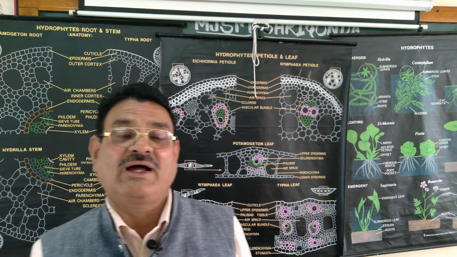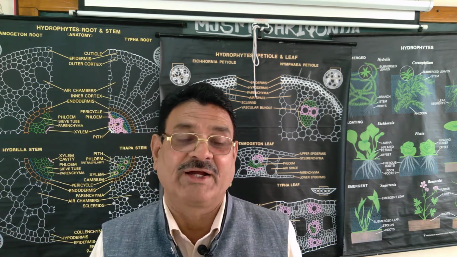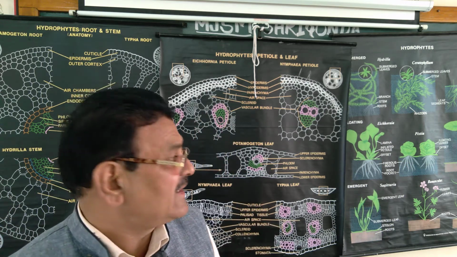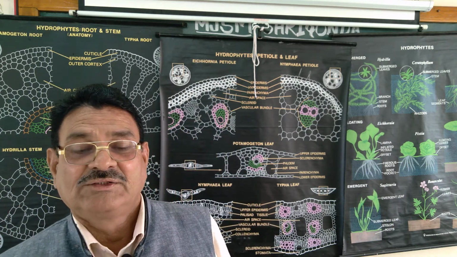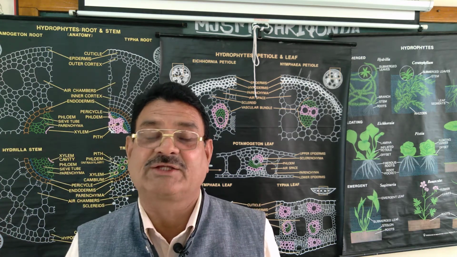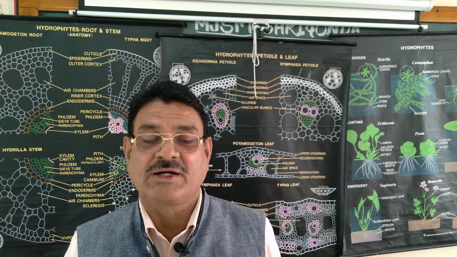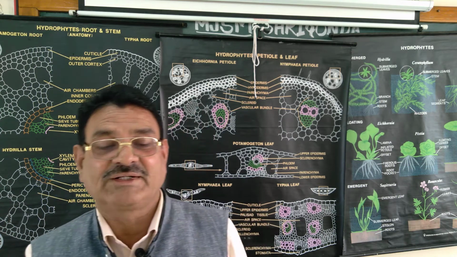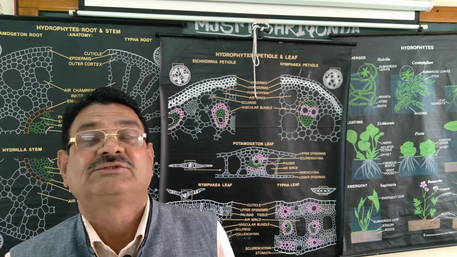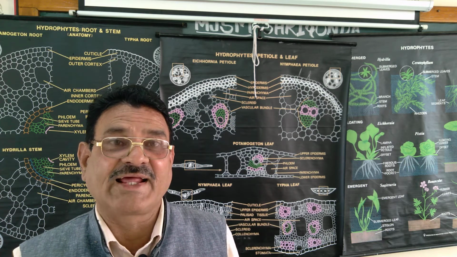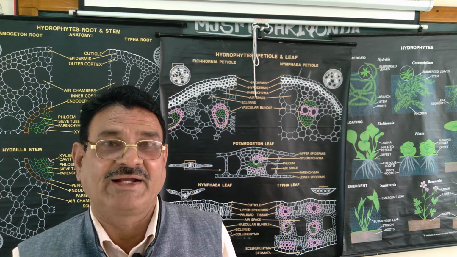Then marginal or amphibious hydrophytes. These plants grow in shallow water. They require excess water and their shoots are exposed to the air. Roots are completely underwater, anchored into the soil. Examples: Typha, Cyperus, Ranunculus, Polygonum, Sagittaria. These are examples of hydrophytes.